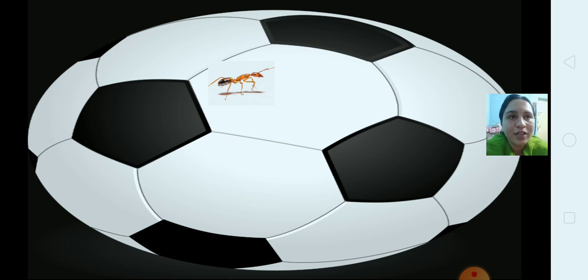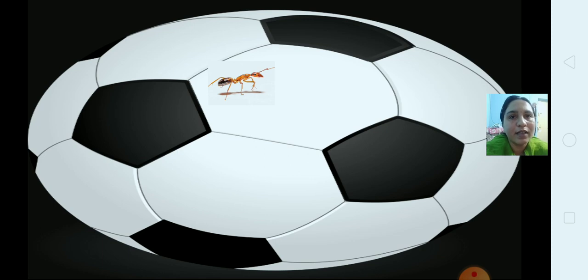So we are actually something like this. If an ant is sitting on the football, for the ant this will look like a flat surface, because this is a huge ball for that small ant. We are also like an ant on the huge ball of the earth.